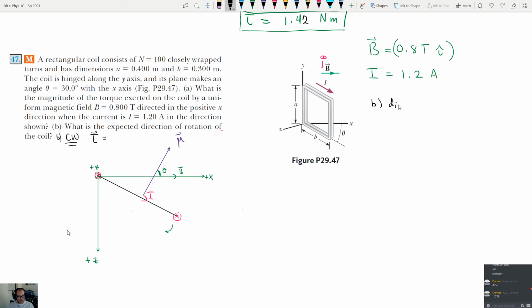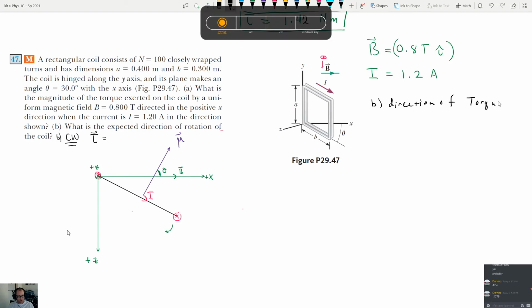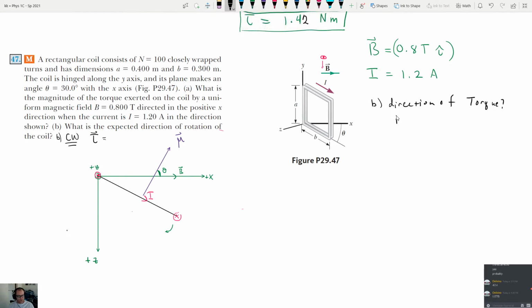Now we know it's negative j hat. And the way you can figure that out is that in order to make this thing rotate clockwise, like this, I stick my thumb on the negative y direction, and then what does my hand do?